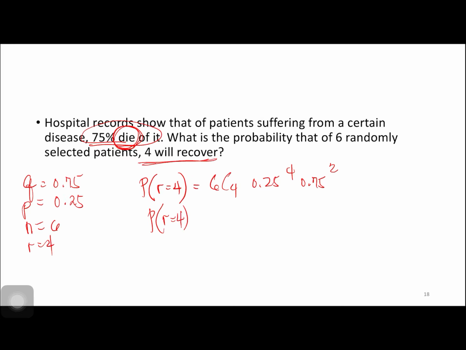We have P of R equal to 4 is equal to 0.0329959, or we have there 0.03. Okay?